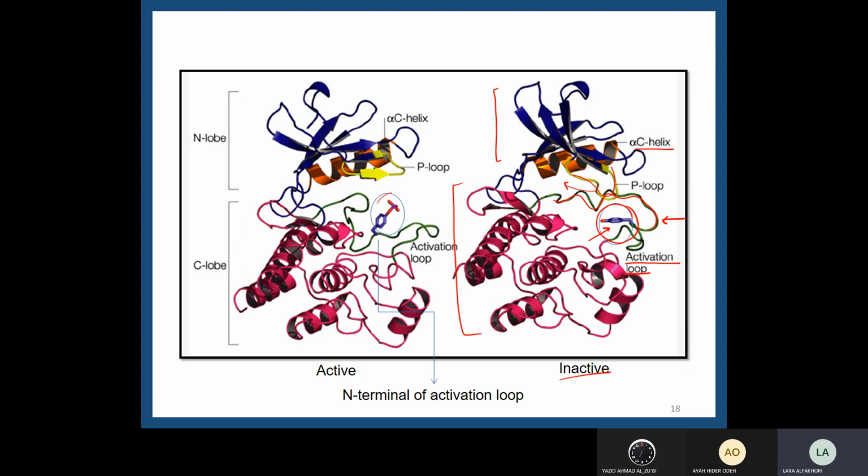And when rotating كل شيء مرتبط فيها will also change its conformation. لاحظوا كيف هلا الاكتيفيشن لوب وكأنه شوي بعد عن ال ATP binding site which will make it now accessible for ATP to come in and bind into the active site or the binding site of the kinase. Okay? That's how phosphorylation of kinases will shift the equilibrium towards an active conformation. All right?